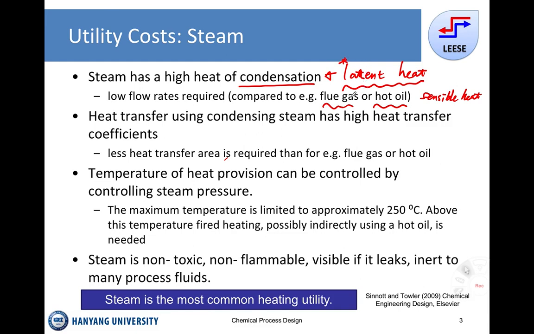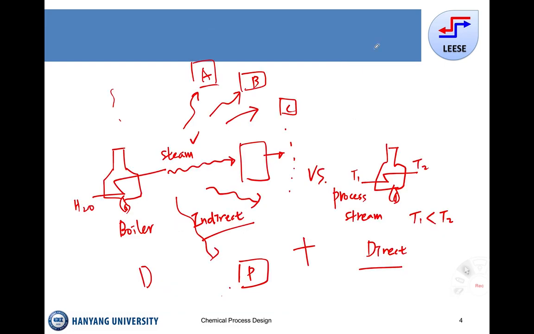Also the steam has a high heat transfer coefficient. High transfer coefficient means less heat transfer area is required compared to the other ones. You might remember the heat exchanger area will be governed by this simple equation. What happens to the heat exchanger area?